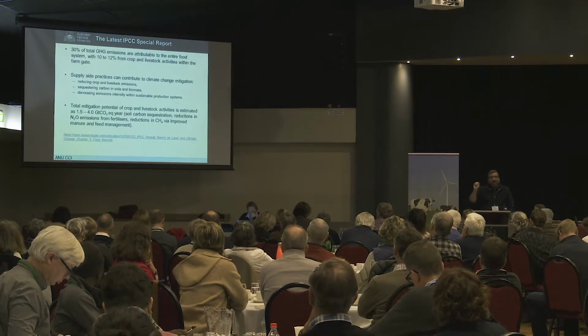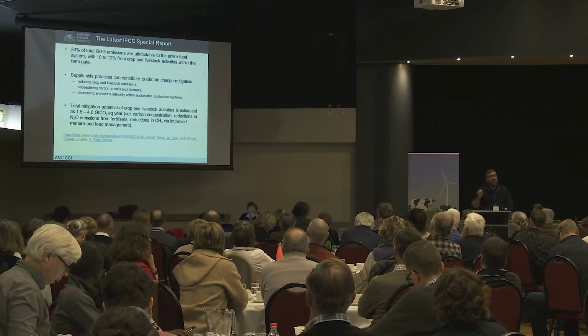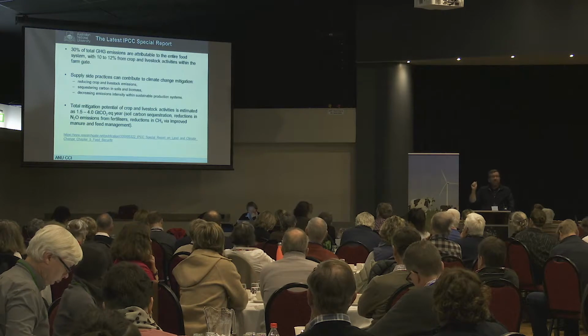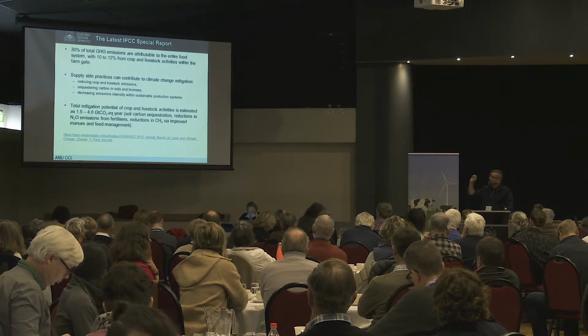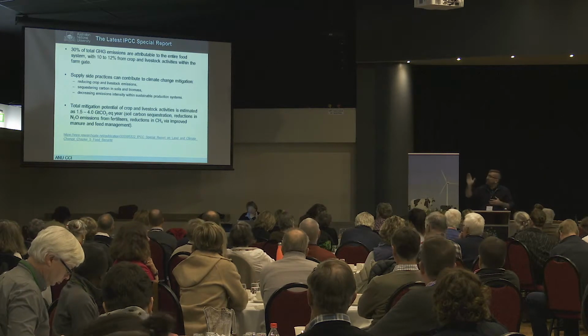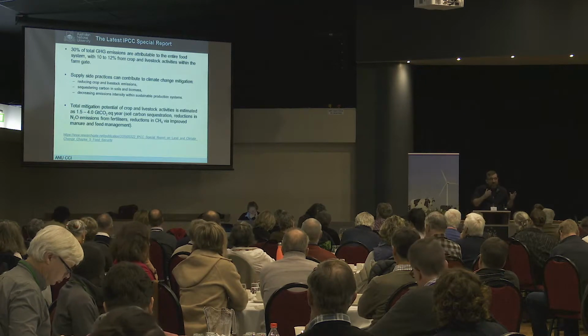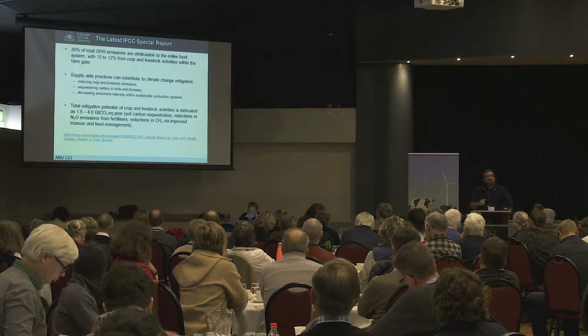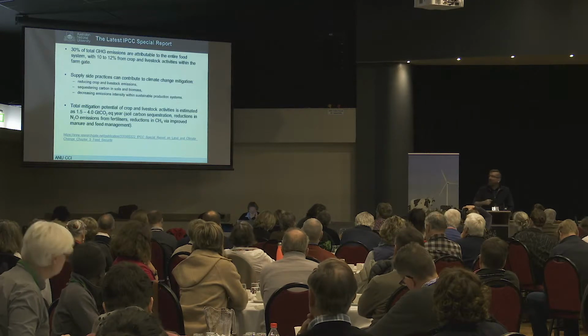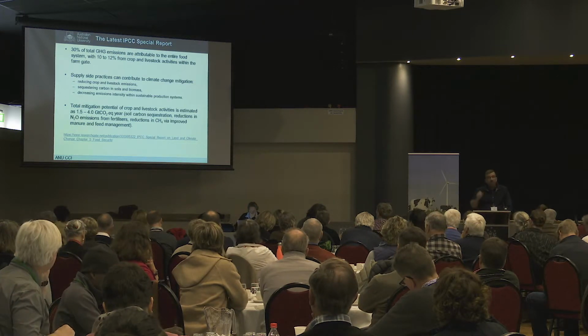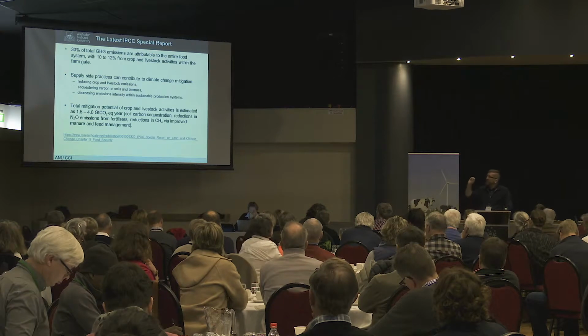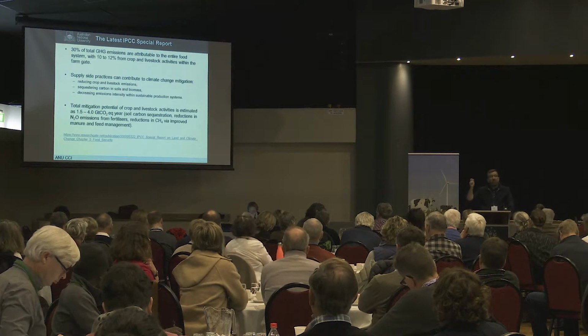The headline was that 30% of total greenhouse gas emissions are attributed to the entire food system. Between 10 to 12% is at the farm gate, and the rest is through the production and manufacturing process.